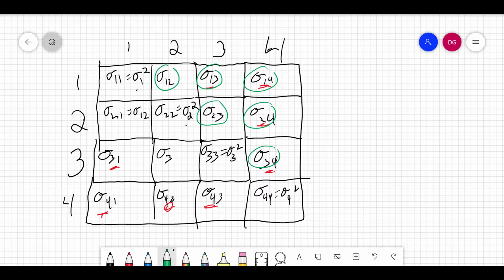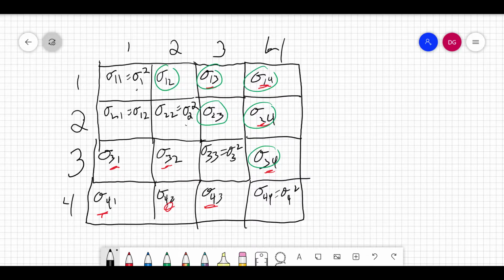The others, the 2,1, the 3,1, the 4,1, are all going to be repeats of ones that I have already accounted for up here. This is 3,2.